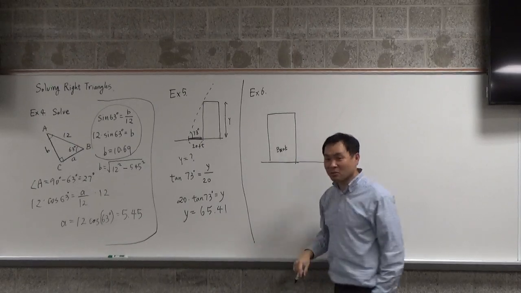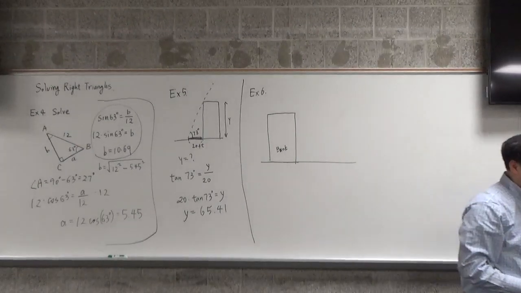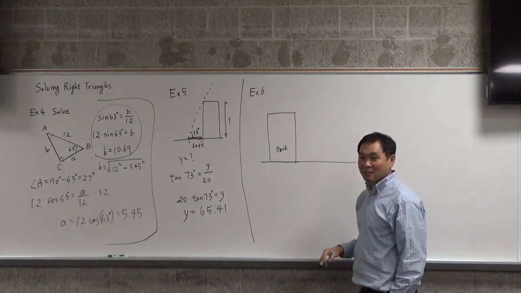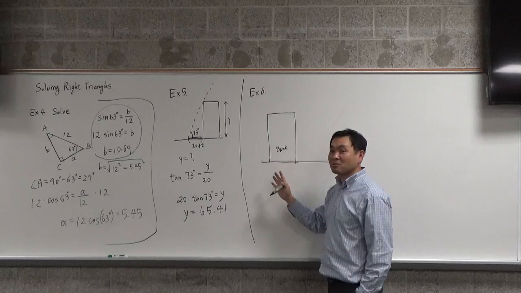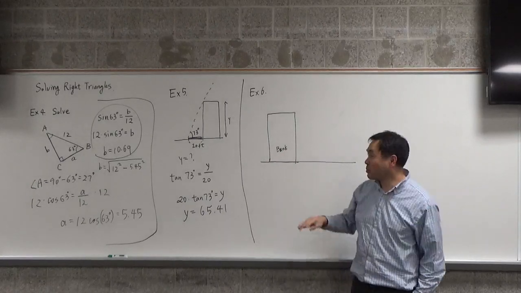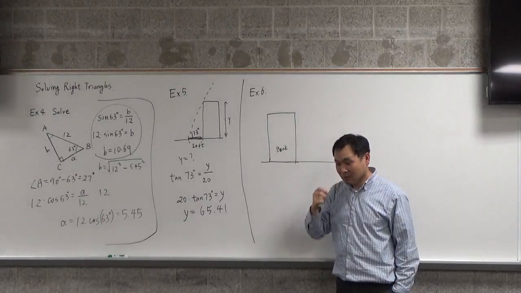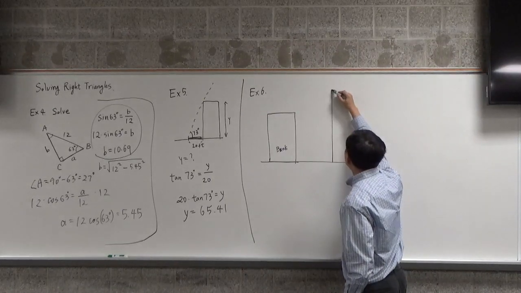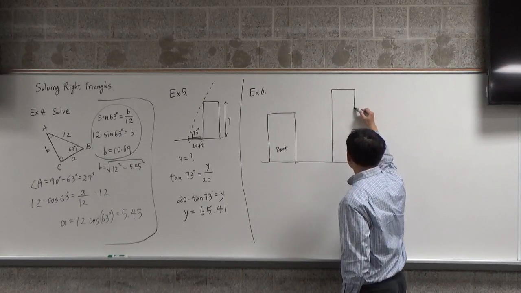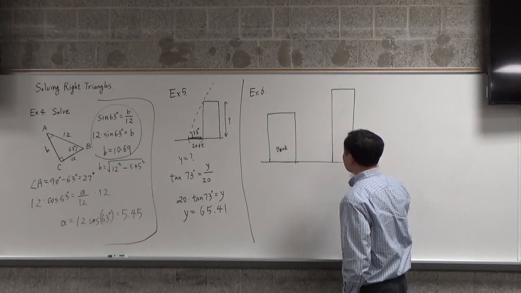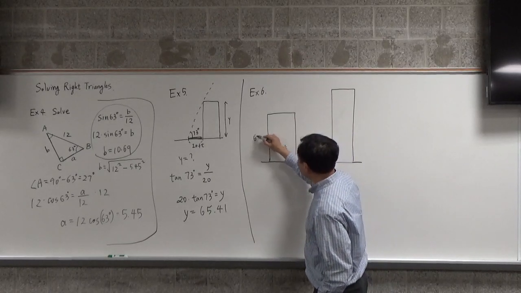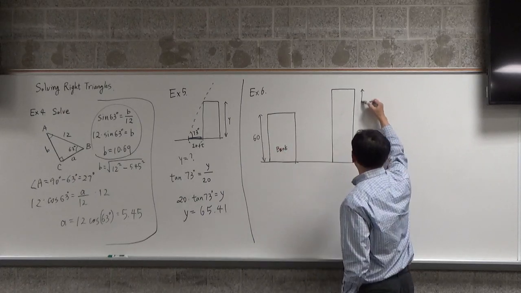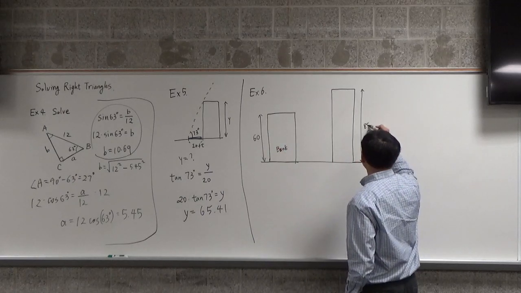The entire building is the bank, and you want to rob the bank, except that at night this is heavily guarded, there's no way to enter. So instead what you figure out is that among the buildings nearby, there's a taller building. So this one is 60 feet tall, whereas this one is 85 feet tall.